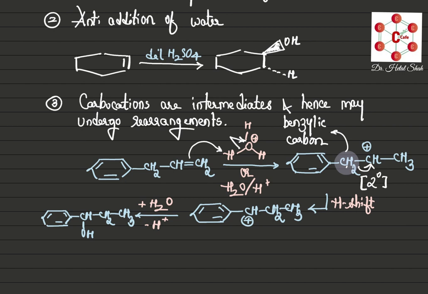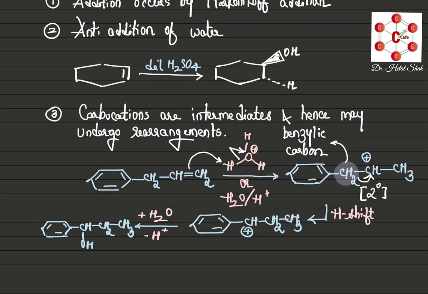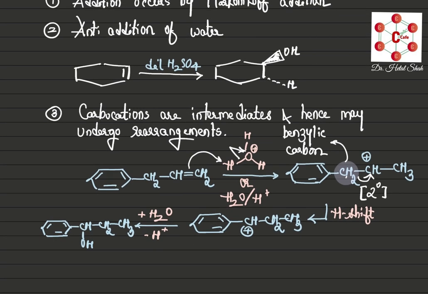That's how the product is. All clear? So carbocations are intermediates and you have this. This is also Markovnikov addition, but with rearrangement.